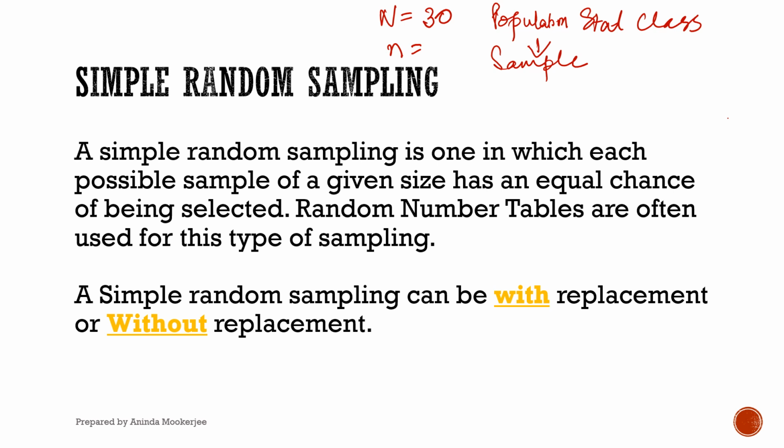That means I want to pick 5 students from my statistics class and take some measurements, scores, their performance, their attendance, and so on. I'm going to study the sample, and based on that sample, I'm going to draw some conclusions on the entire population, that is my entire statistics class.